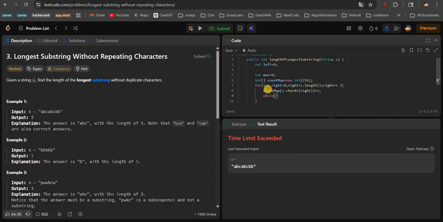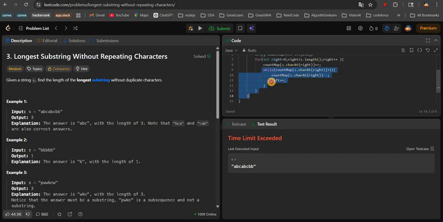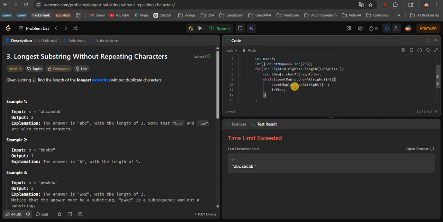So I'm checking whether there are any more characters or not. For that, I'm removing that duplicate. Count map of character at of right greater than 1, decrease that frequency, and I have to move that. If I do not follow this decrease concept, the while loop will run here infinitely. So that's why I'm taking this.